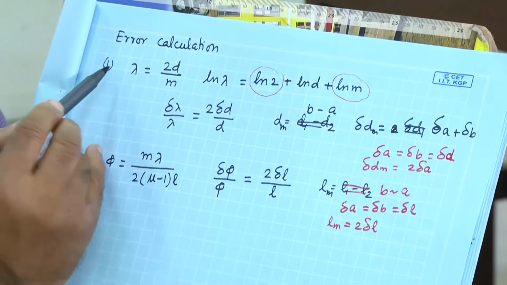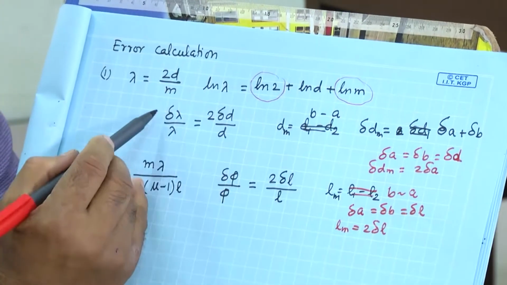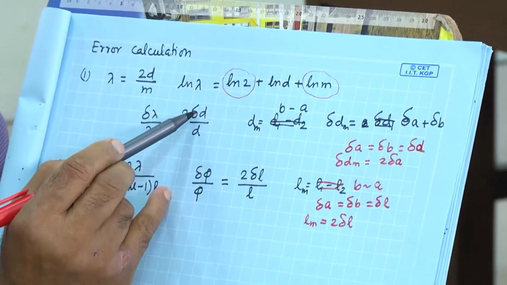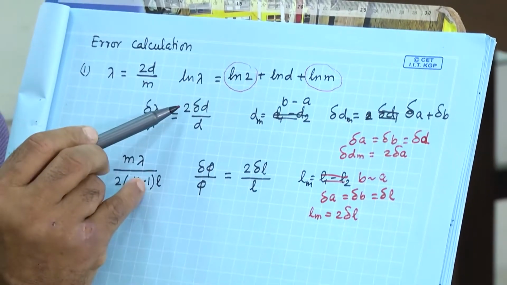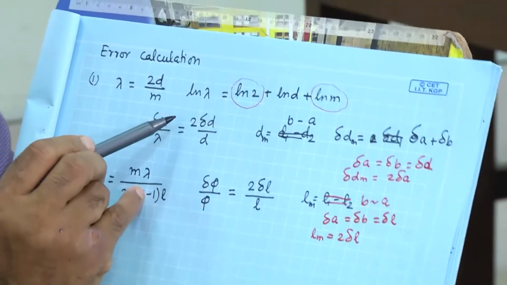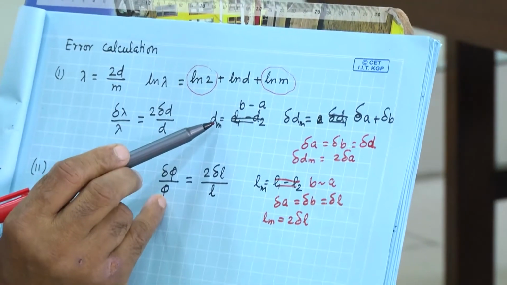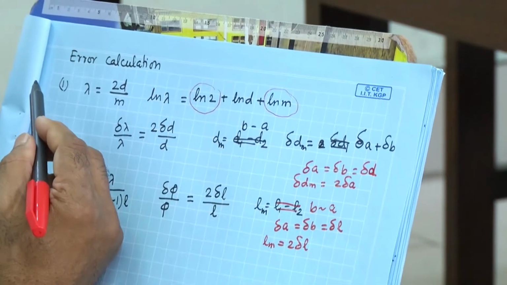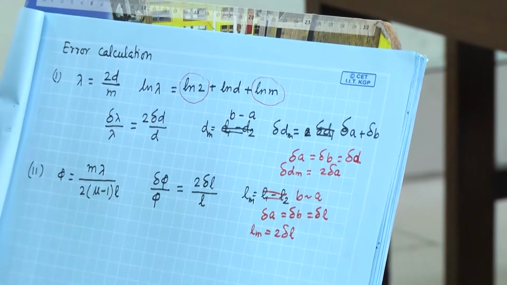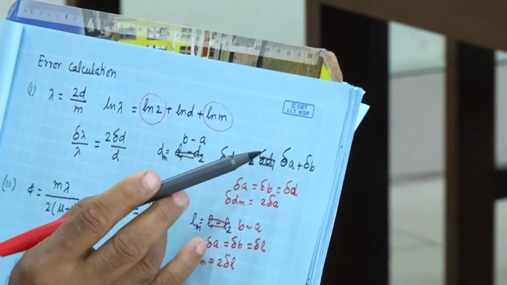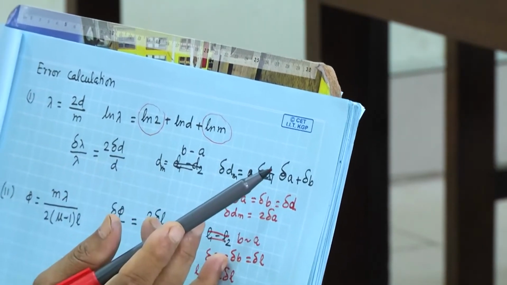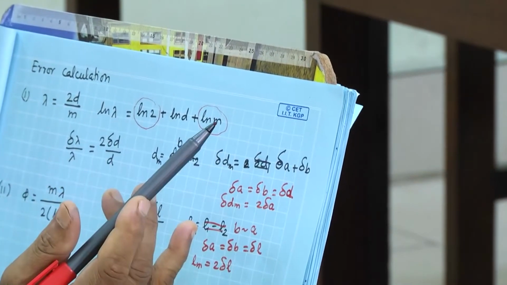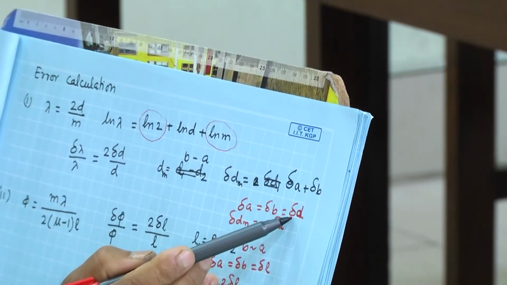So, taking differentiation, delta lambda by lambda equal to 2 delta d by d. Here I have written 2 delta d by d because this d is basically the difference of 2 readings, that is b minus a. So, basically the error is delta a plus delta b, and delta a equal to delta b, we are considering as delta d.